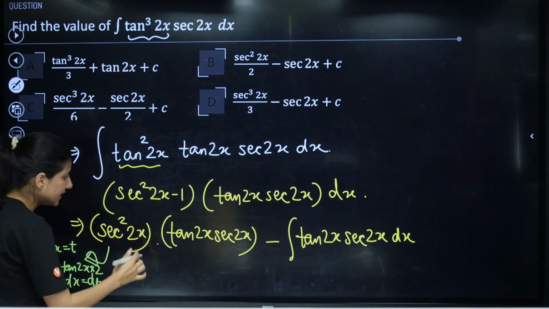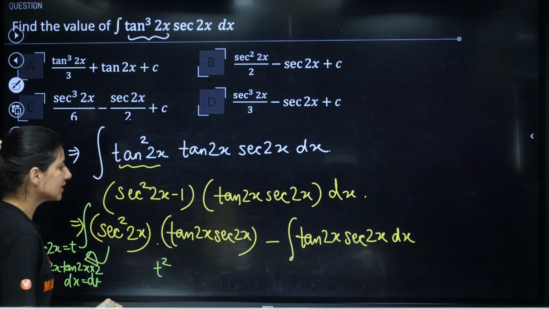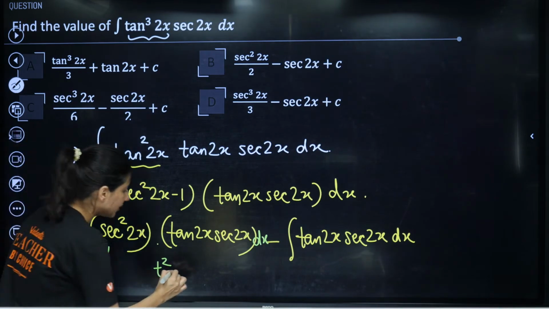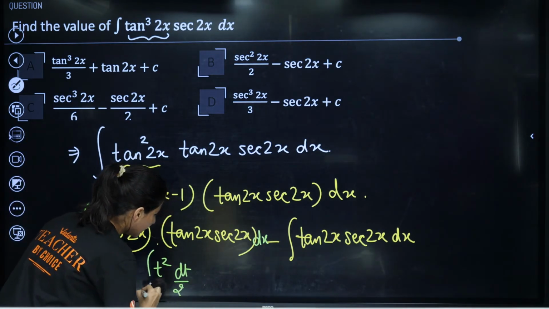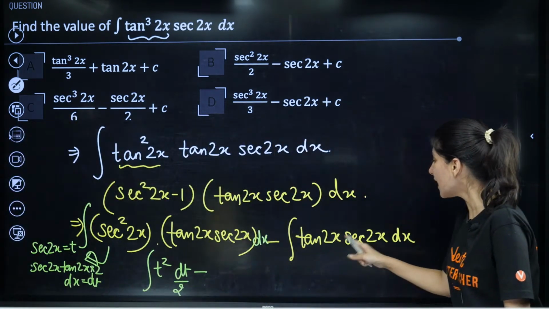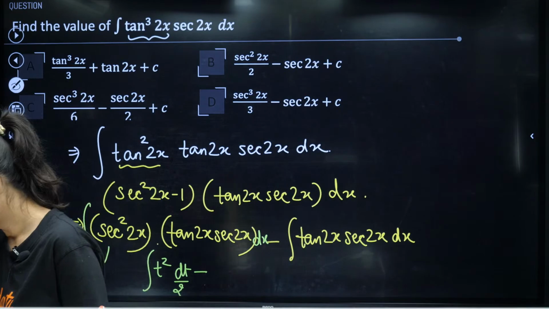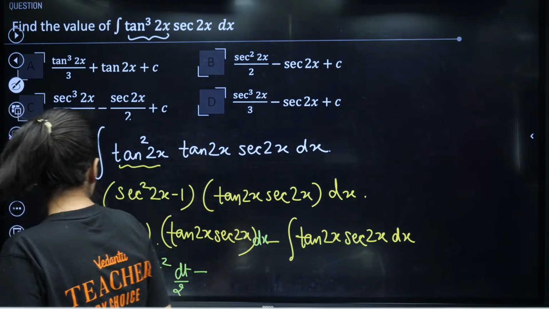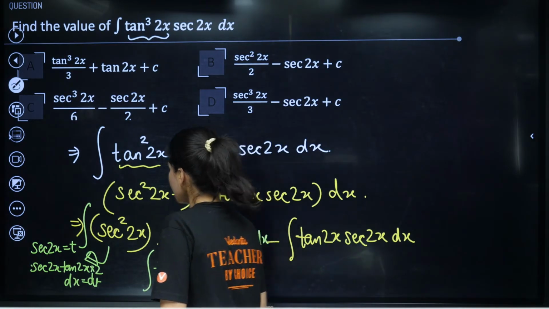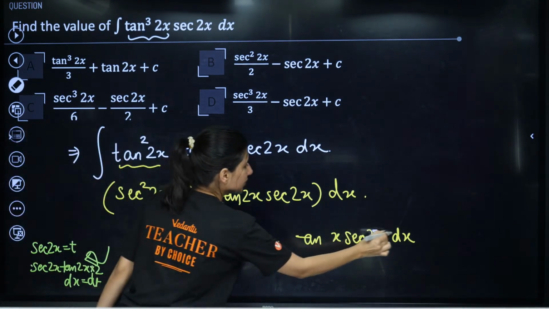So this integral is t square tan 2x sec 2x dx, and tan 2x sec 2x dx will be dt by 2. Minus the integration of tan 2x sec 2x, again this is dt by 2. Basically, we don't have to multiply. Just remove this step.